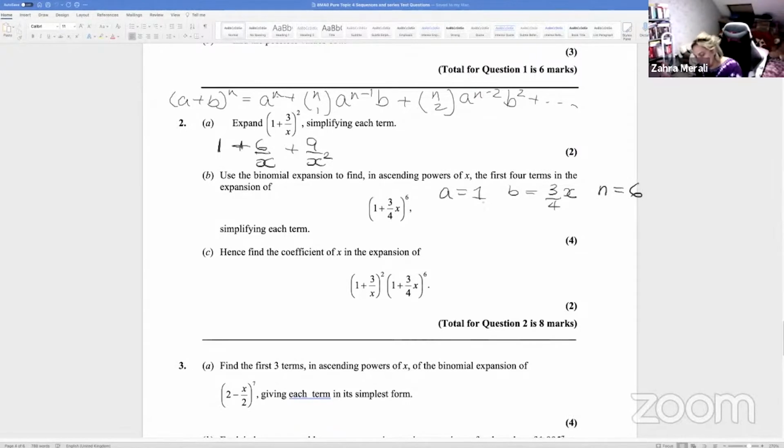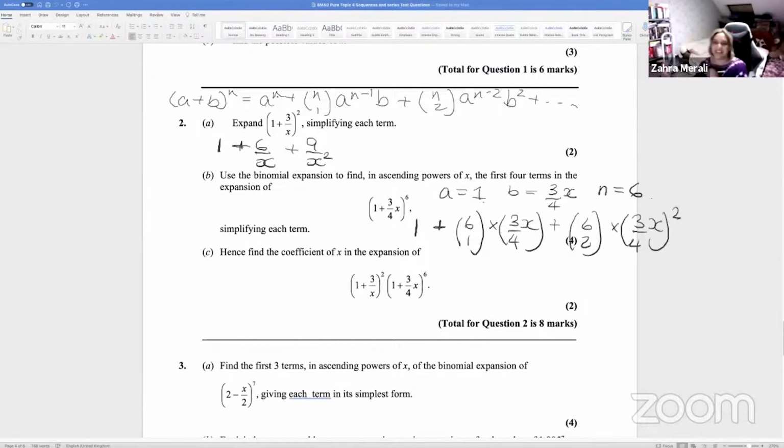So a to the n, 1 to the 6, which is just 1, plus n1, so we're going to do 6, 1. A 1 to the anything is just 1, so we stop worrying about that. And then that's times 3/4 x. And we've got 6, 2 times by 3/4 x.